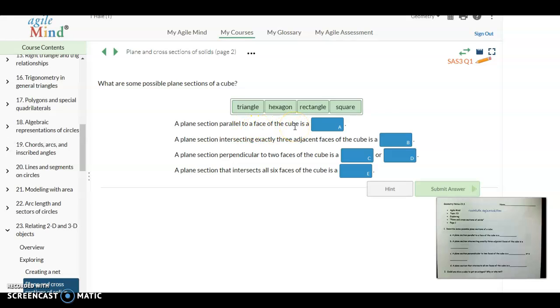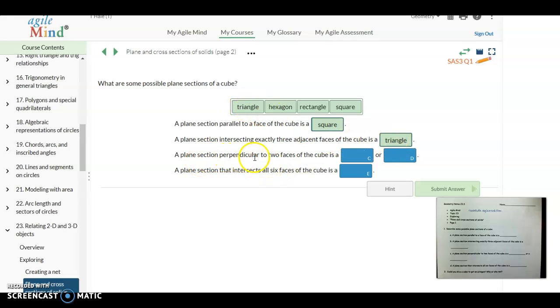Since a cube has 6 square faces, anytime you're parallel to one of those faces, you get the same shape as the face, so you would get a square as a result. However many faces you intersect, that's how many sides your 2D figure will have. So if you only intersect 3 faces, you're going to get a triangle as a result.